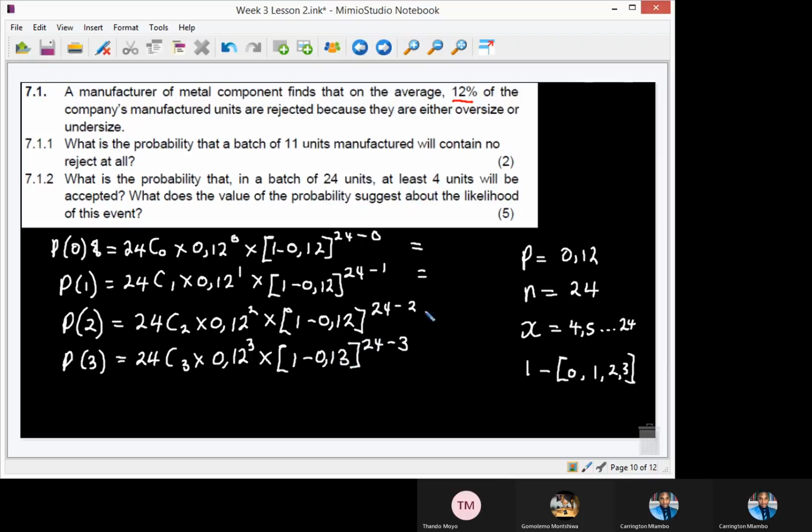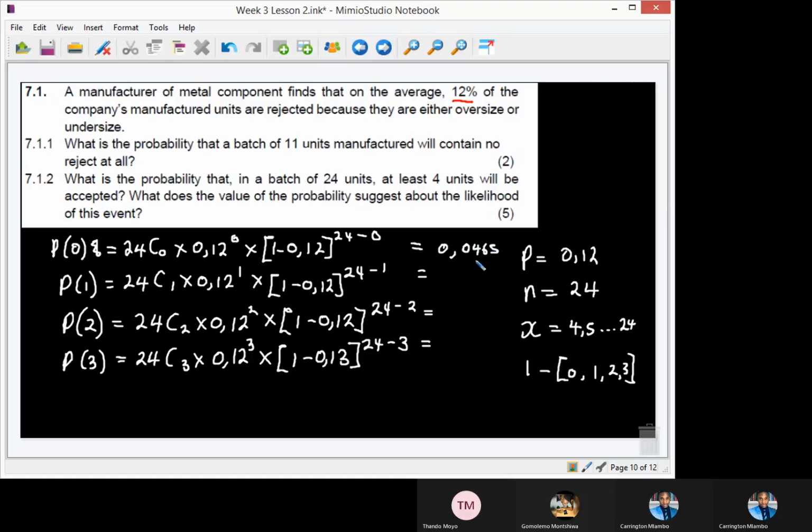Let's get the answers. 24C0 times 0.12 to the power 0 times (1 minus 0.12) to the power 24.